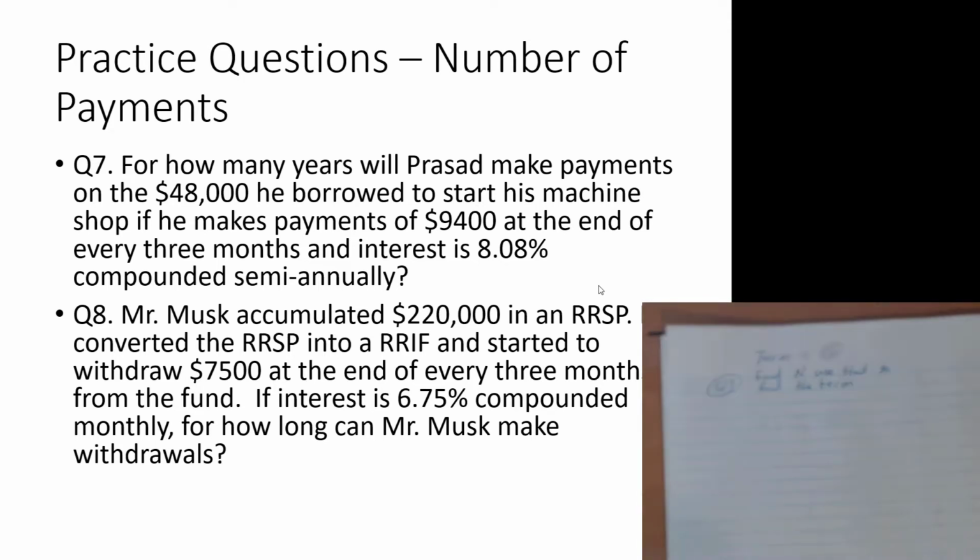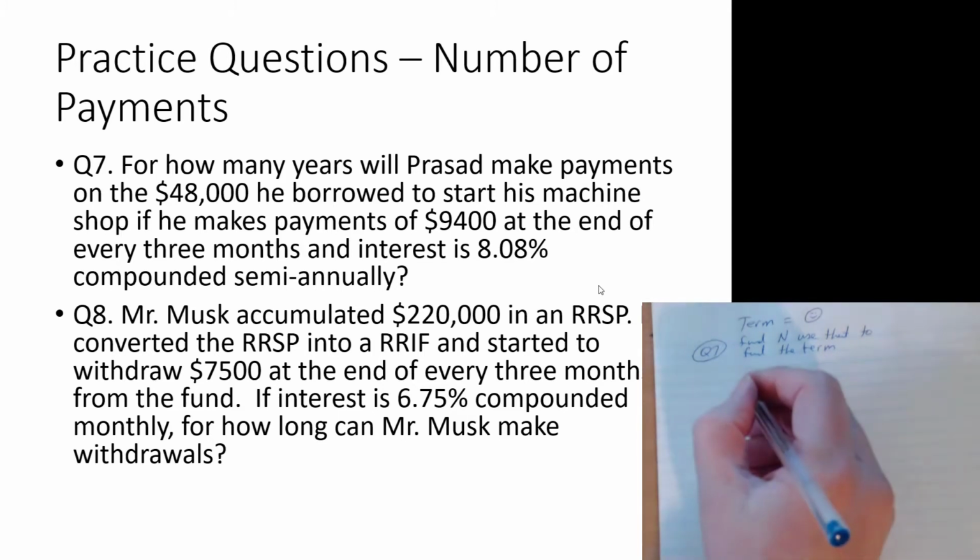We need to take that N, the number of payments, and find the length of time. Common mistake, and I ask this question on many final exams, is to forget that last little step. It probably gets forgotten more often than it gets remembered. Actually, I know for sure it gets forgotten more often than it gets remembered.